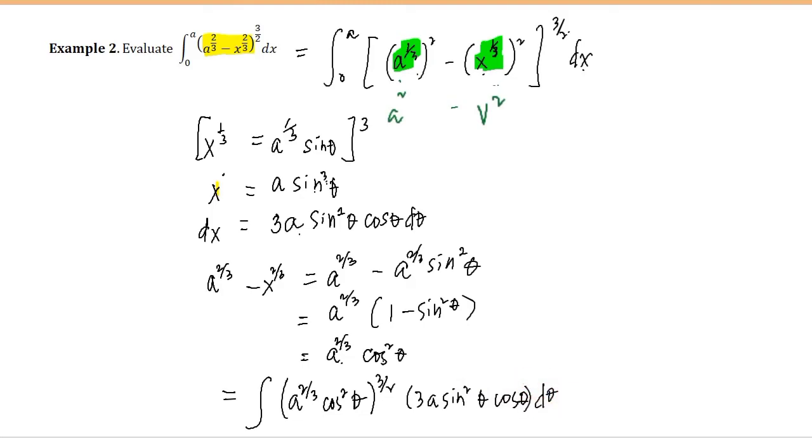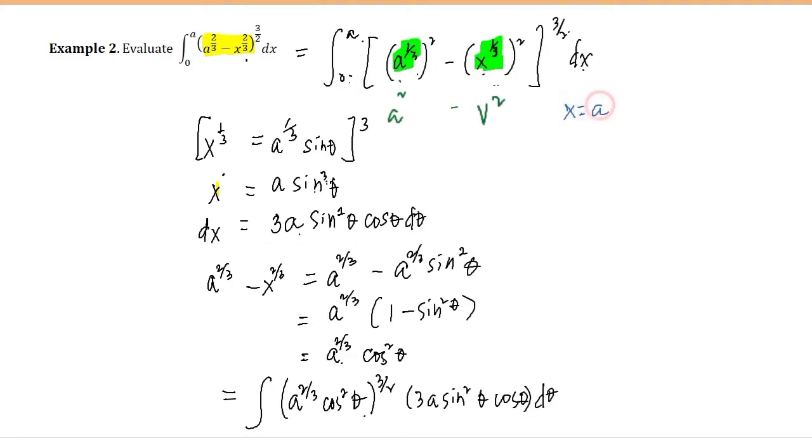But since we change our variable from x to theta, we have to change our limits from 0 to a to another limit. In order for us to do that, we have to substitute this limit here.